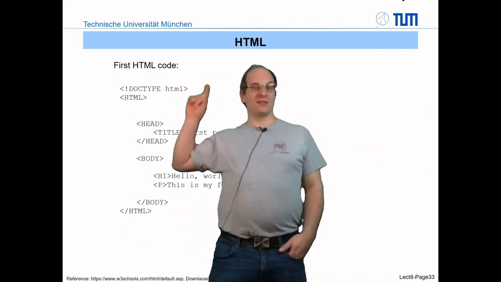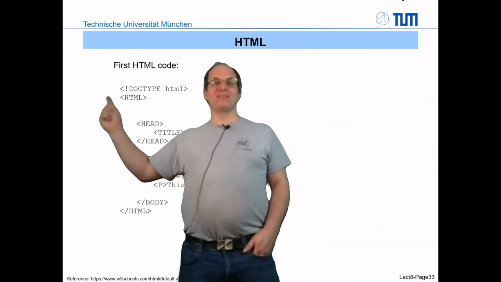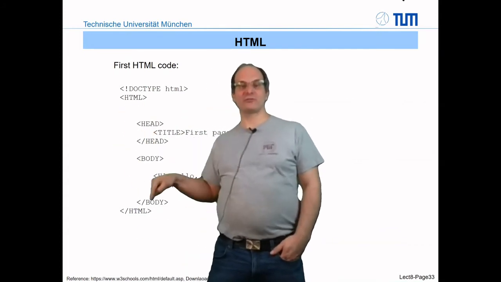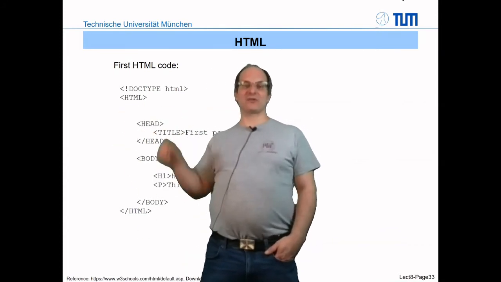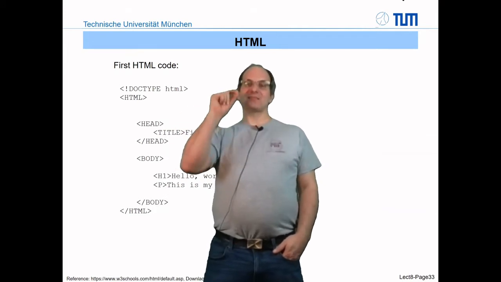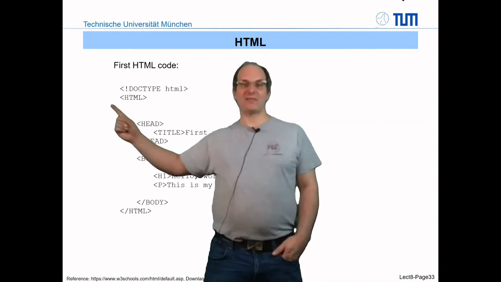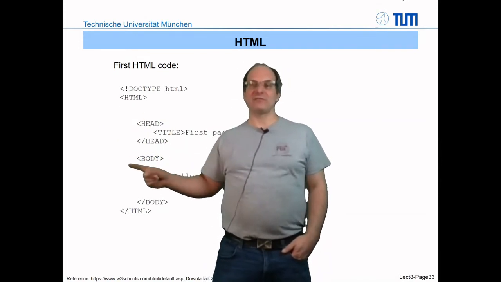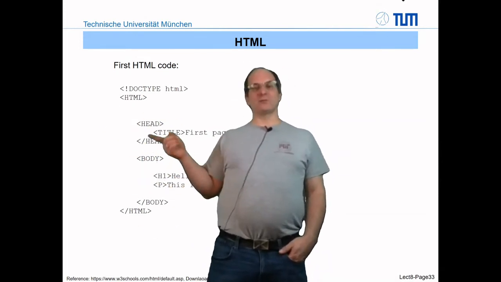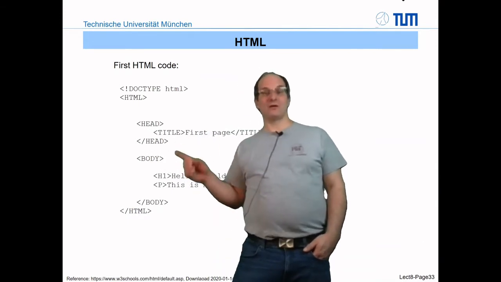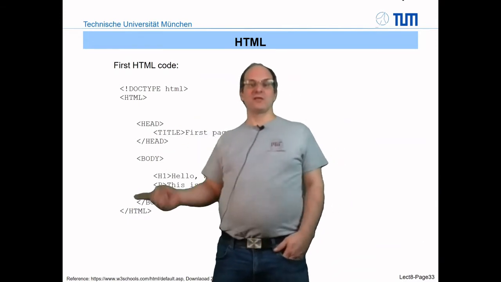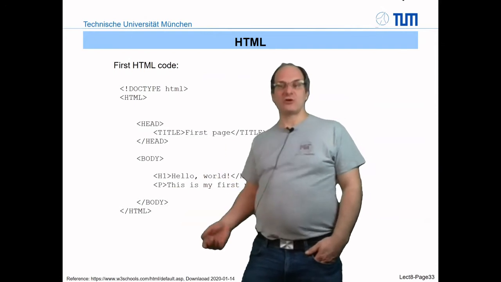Again, the only difference is that these tags are now reserved words. So these tags must be exactly in this style. So it must start with HTML. And then you have a sequence of head and body. Head describes additional information about the web page or about the document, and body contains really the document.